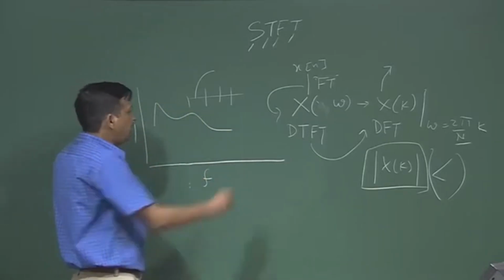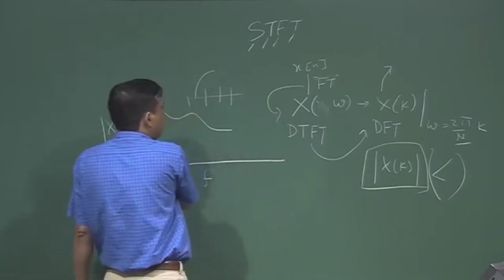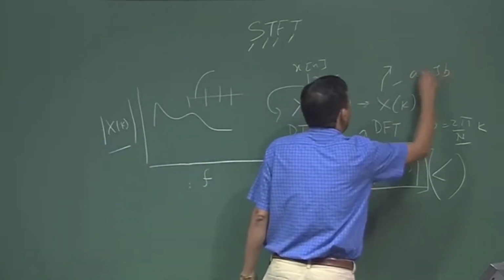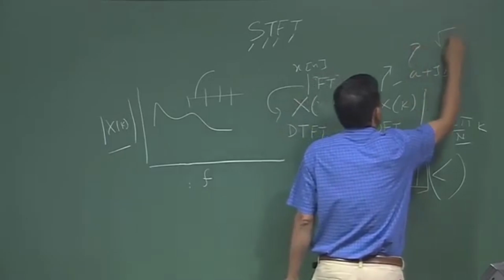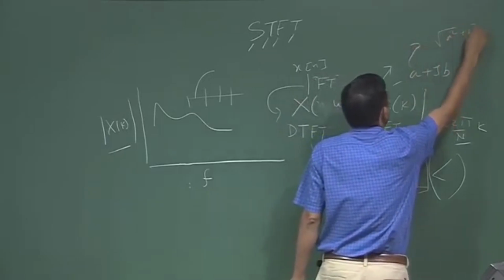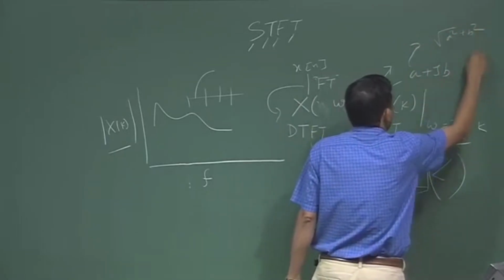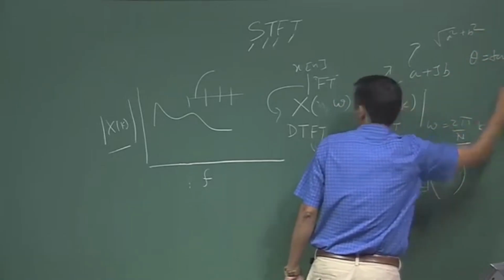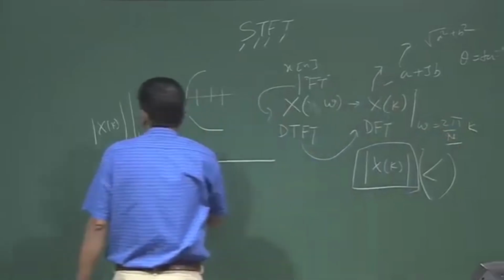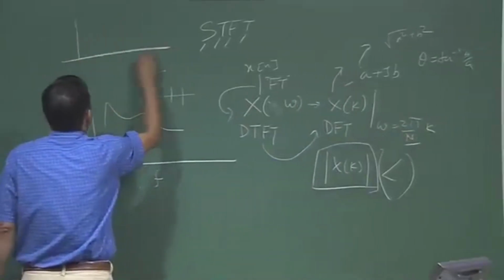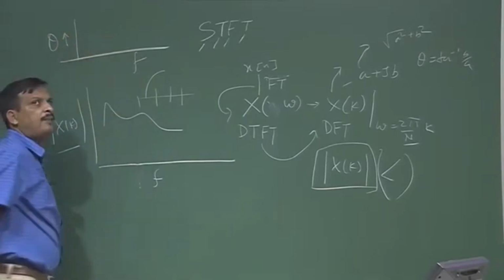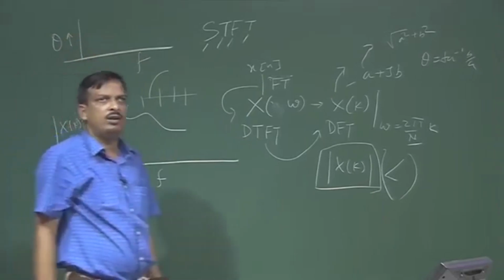If I take the phase, X k is nothing but in the form of a plus jb. So, what is the magnitude spectra? Root over of a square plus b square. For the phase spectra, theta is equal to tan inverse b by a. If I plot theta against the frequency, then I call this a phase spectra.